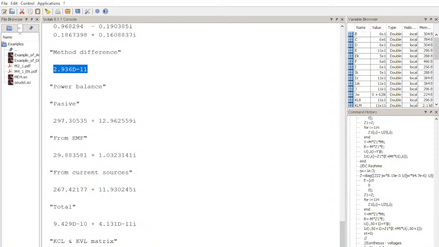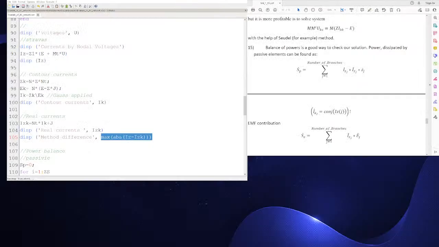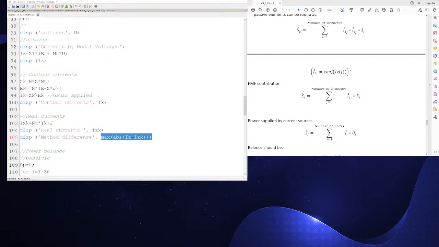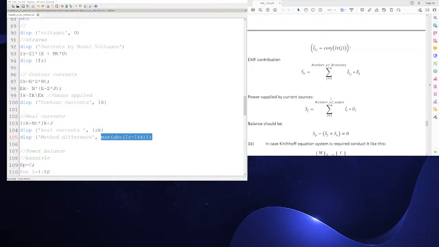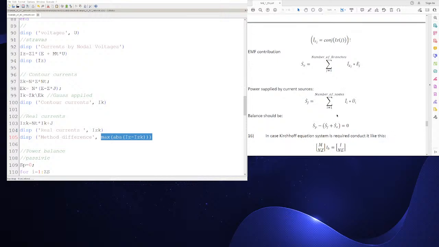Oh, 1 second, I need to switch. Yeah. Passive elements, contribution of EMF sources, and contribution by current sources. Result should be 0.